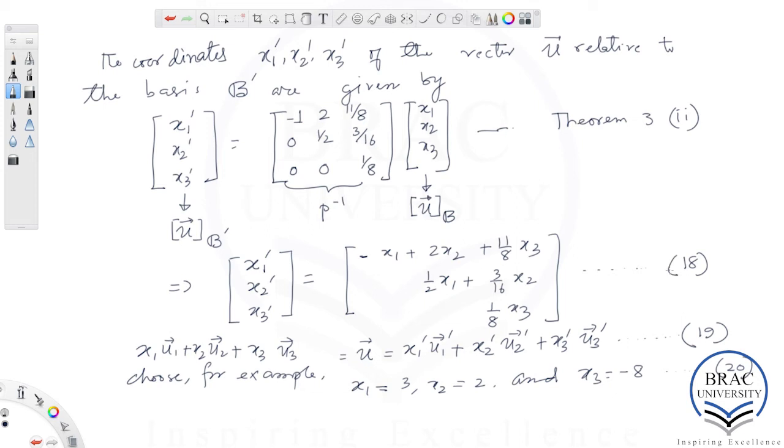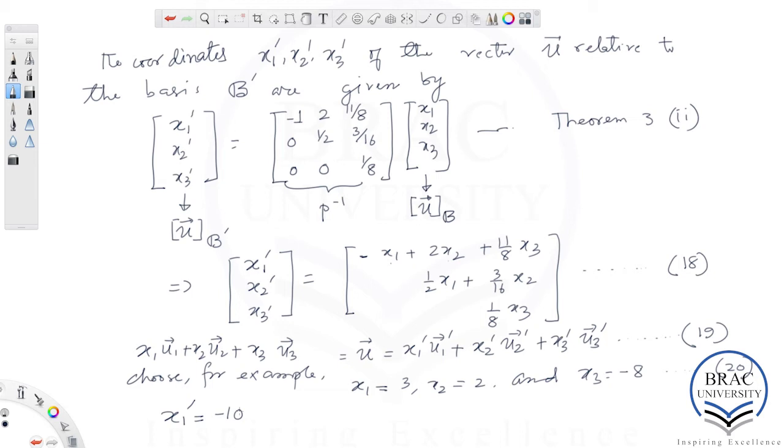Now if we plug in these values here in 18, we get the values for x1 prime, x2 prime, and x3 prime, which are as follows. x1 prime becomes minus 10, so we plug in the value of x1 here, which is 3, x2 is 2, and x3 is minus 8, and then you get x1 prime to be minus 10.